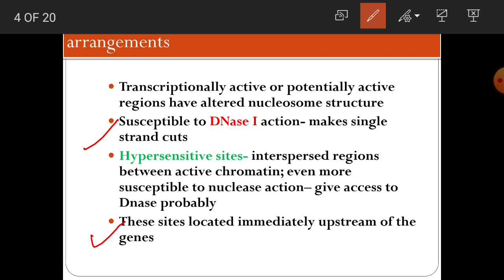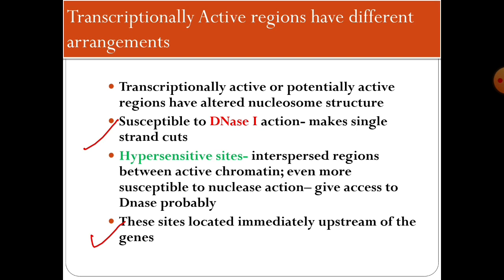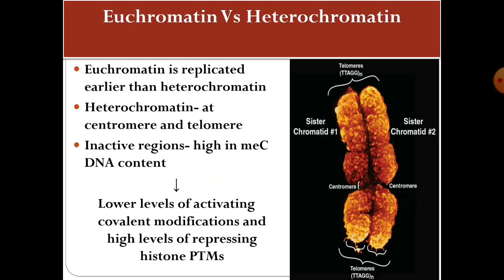Okay. When we go to transcription, it will be easier to understand. Then we had discussed the other day about euchromatin and heterochromatin. So, eu means true, where the different processes will take place, and heterochromatin is usually the condensed areas, which are found usually in the centromere or in the telomere region.